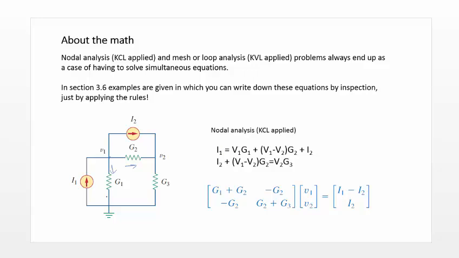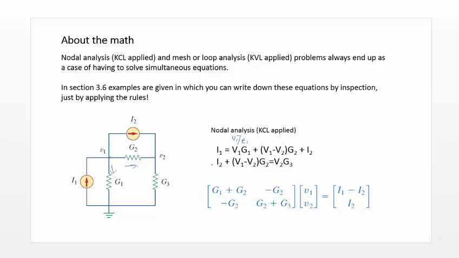The current going out right here is V1 divided by R1. But 1 over R1 is the conductance, G1. So I can do this whole problem in conductance.